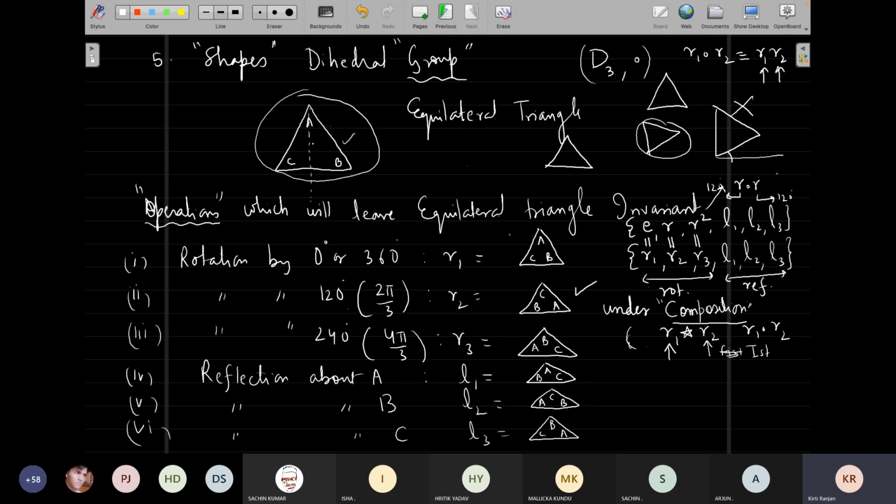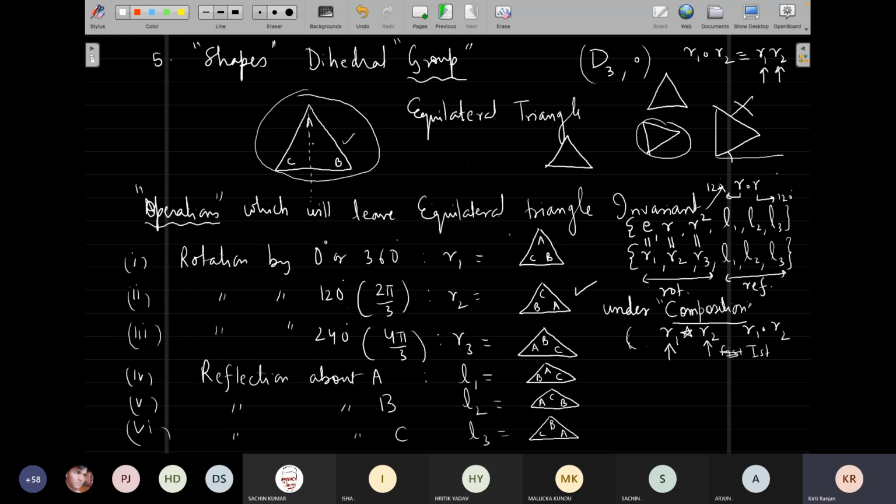I can go beyond that also. I can think about a square. How many vertices does a square have? 4. 4 vertices. So I can now start thinking about the rotations and reflections and any other possibility, in case you can think about those operations, and that will be something like going to the D4 group.